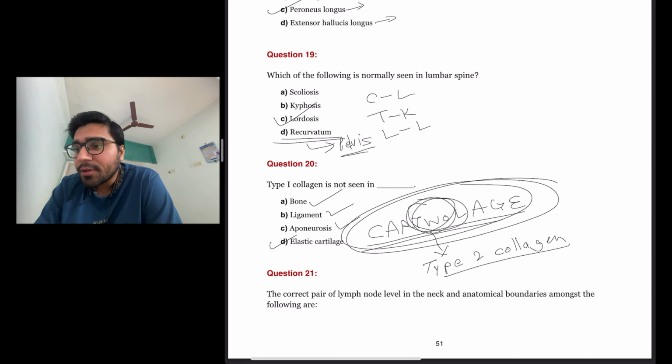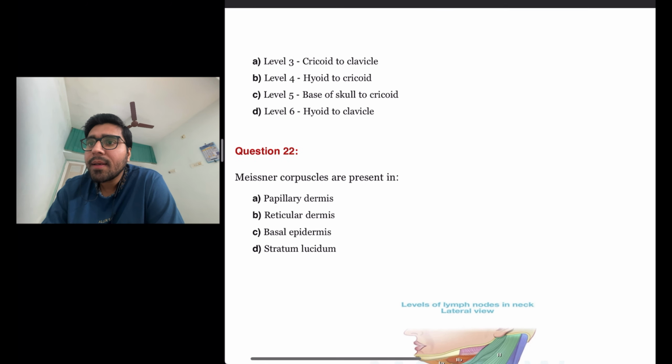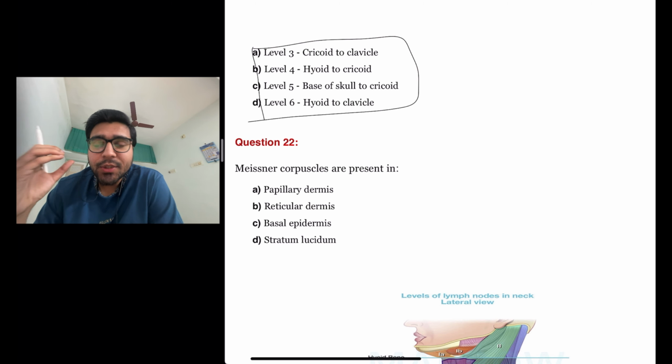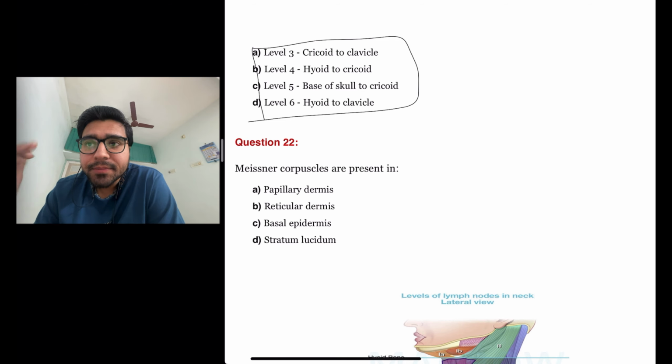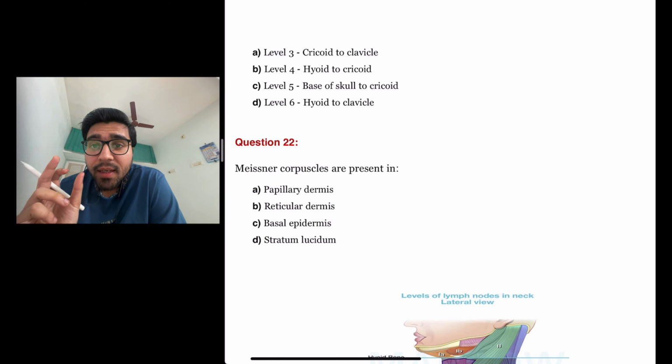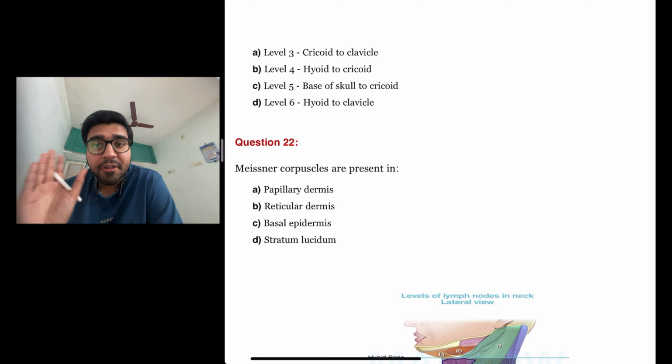The correct pair of lymph node level in the neck and anatomical boundaries among the following are. See, this kind of question you have to answer. But what is the easiest way to answer this kind of question? The easiest way is by knowing the different figures and the different levels at which the lymph nodes are situated in different regions.